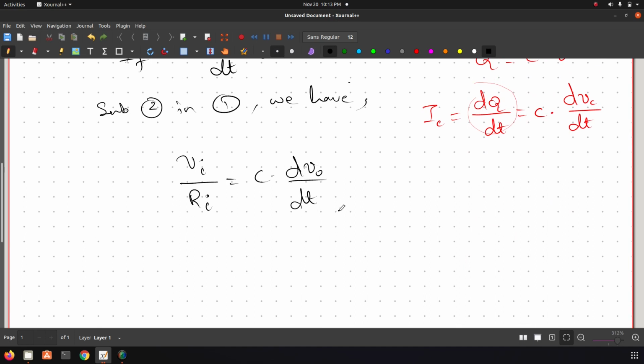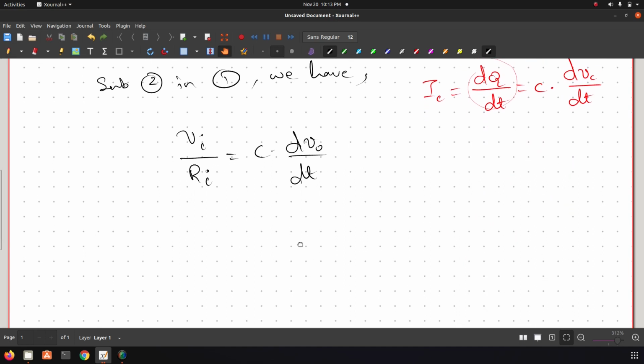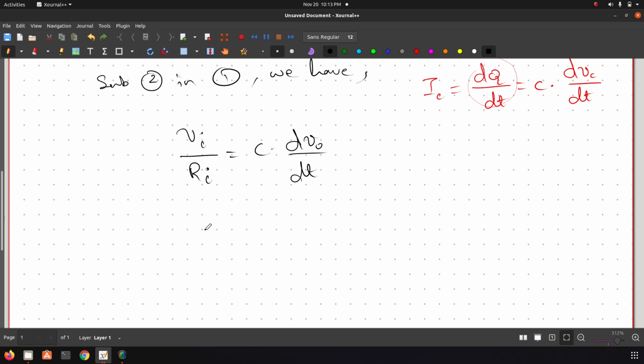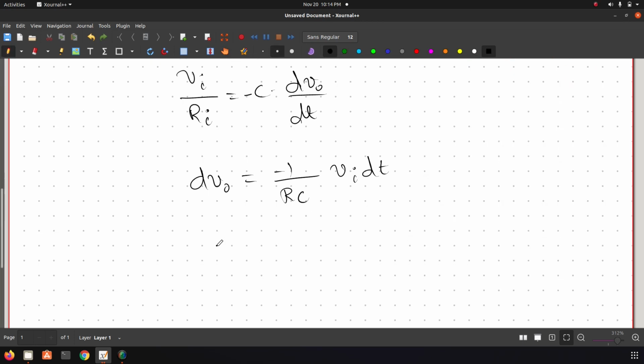If we rearrange this, since this is an inverting op-amp, the output voltage is inverted, so we have a negative sign. Rearranging with Vo on the left-hand side, we have dVo equals minus 1 by RC times Vi dt.